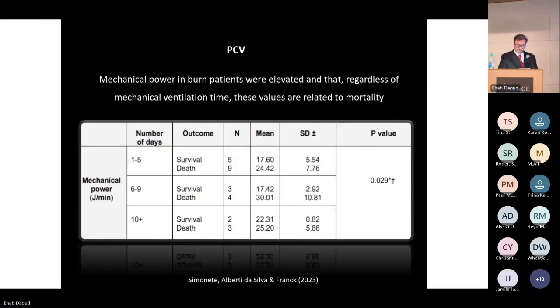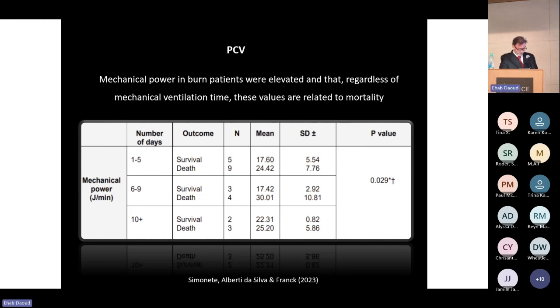In this research performed in severely burned patients undergoing pressure control ventilation, it showed that mechanical power in burned patients was elevated, and that regardless of mechanical ventilation time, these values are related to mortality, possibly because it portrayed the severity of ARDS, as Maiolo found values between 19 and 24 joules per minute associated with higher mortality.